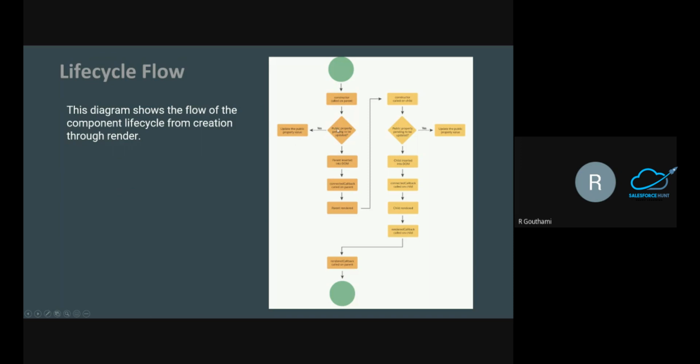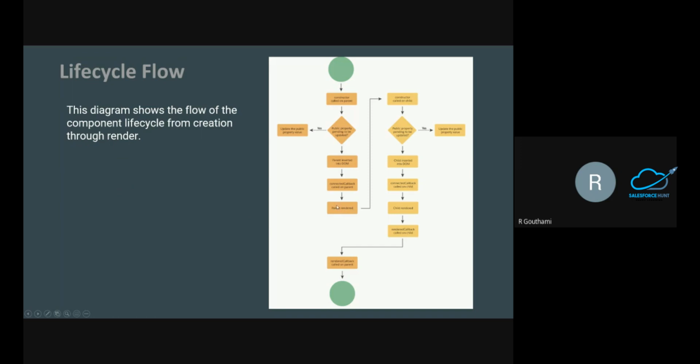Then the parent is inserted into the DOM. Once it is inserted, the connectedCallback is called on the parent, and then the parent is rendered. This is the render phase of the lifecycle.